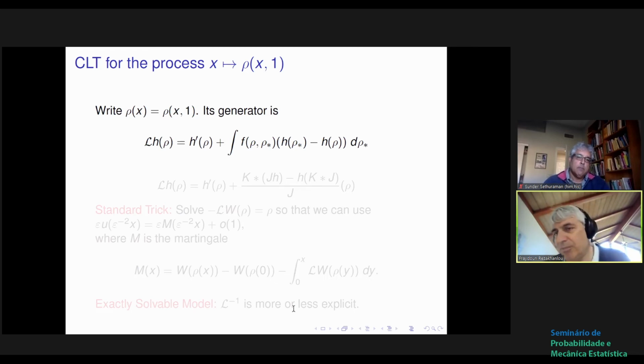And don't forget that these are piecewise linear Markov processes, which means that the infinitesimal generator has 2 parts. One is H prime, which has to do with the fact that the drift is 1. And the other one is a kernel that is given by the solution to the kinetic equation at time 1. So you have this explicit kernel F, that's the jump kernel.